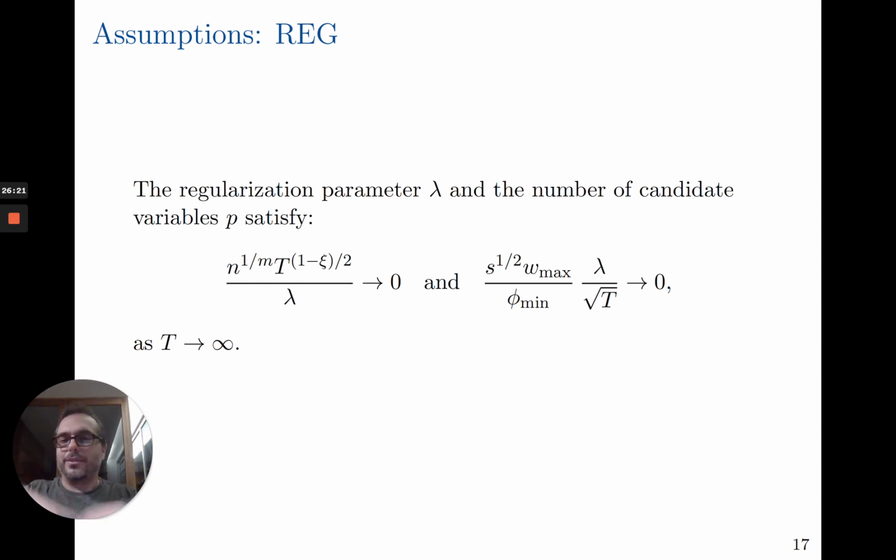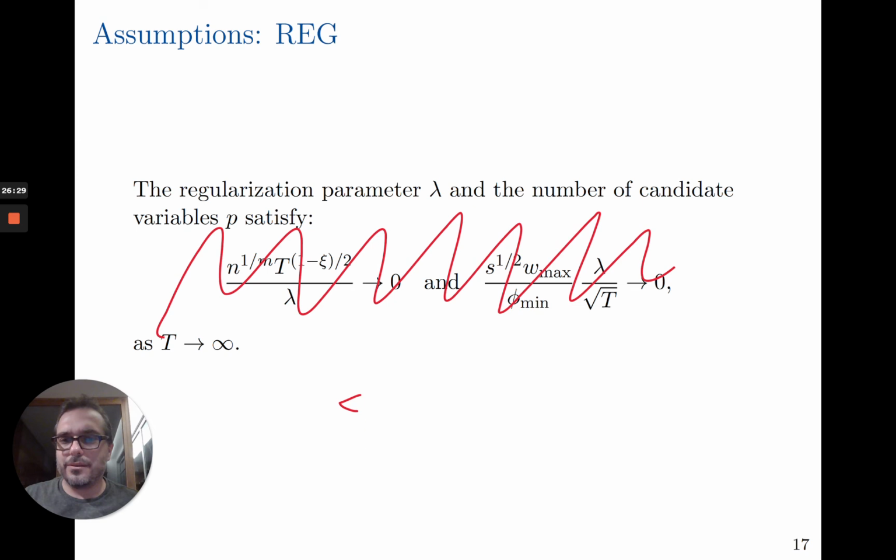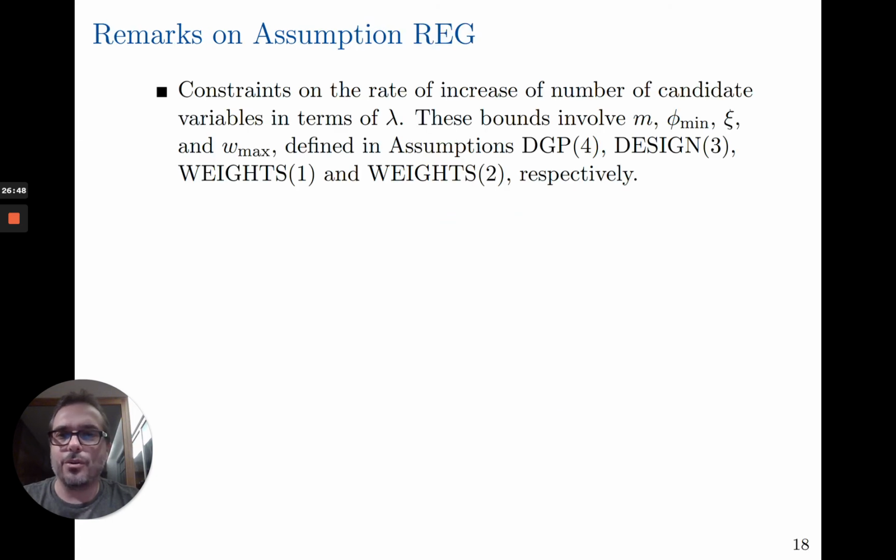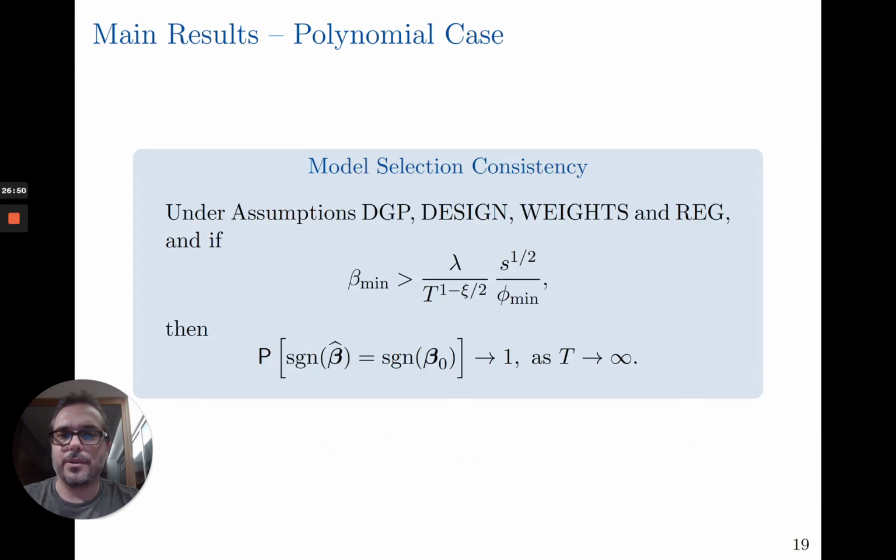Lambda is related to sample sizes, number of moments, and whatever. Again, forget about this. There exists lambda such that the Lasso works, right? That's basically what we show in the paper. So you don't have to bother about that. So in the end of the day, what do you have to bother about?